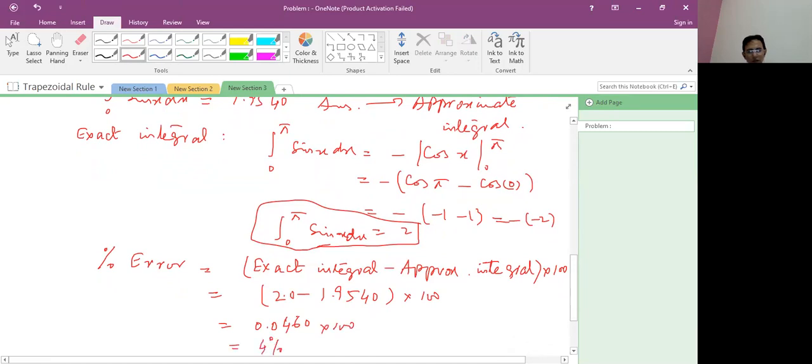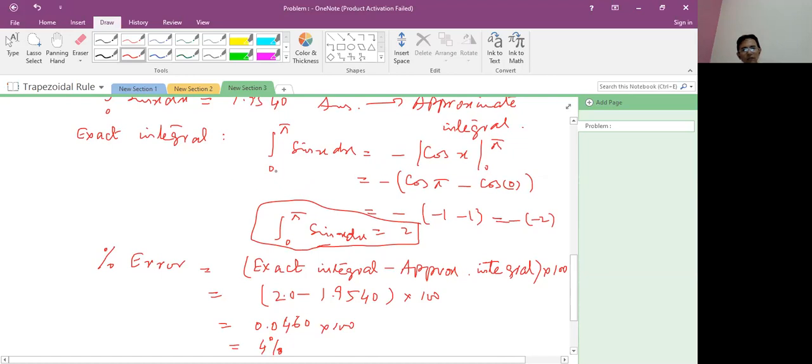So this is a very minimum error. In this way we will find it with the help of the exact calculator. Now the approximate integral value is what we get when we apply any method, for example, trapezoidal rule, Simpson's rule, Simpson 1/3 rule, Simpson 3/8 rule, Weddle's rule, Boole's rule, and so on.